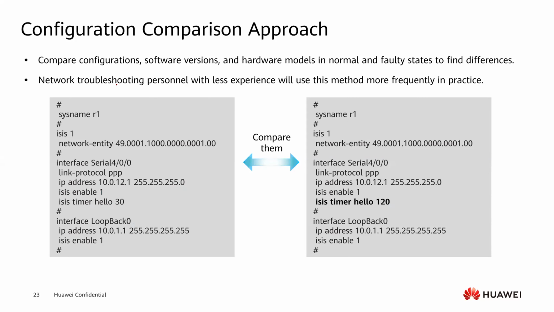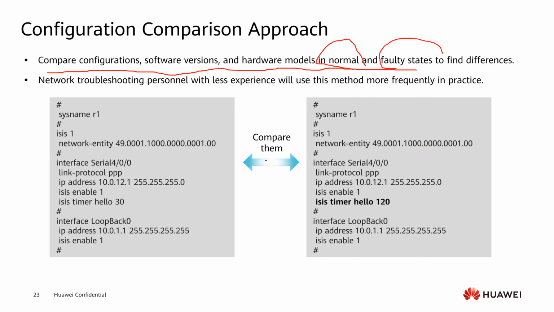Then we can see here, we also have some other method, the configuration comparison approach. Compare configuration, software version and hardware module in normal and faulty. We see the normal device and the faulty device.